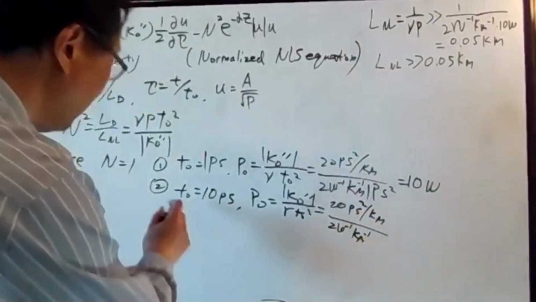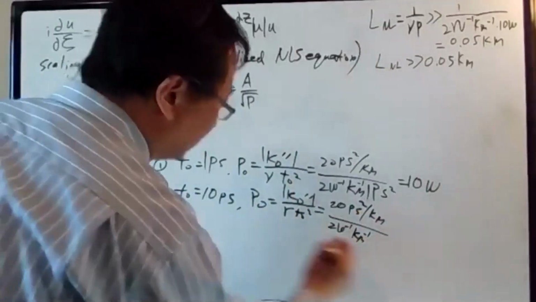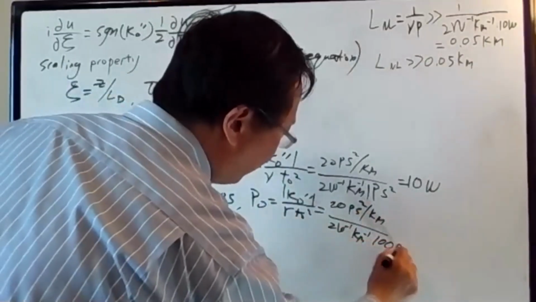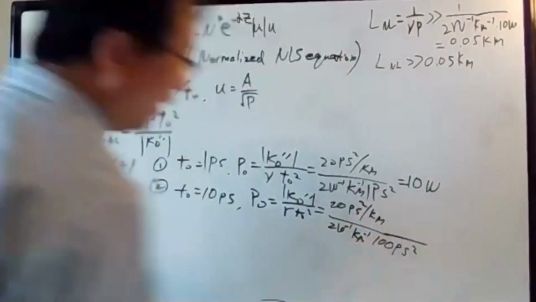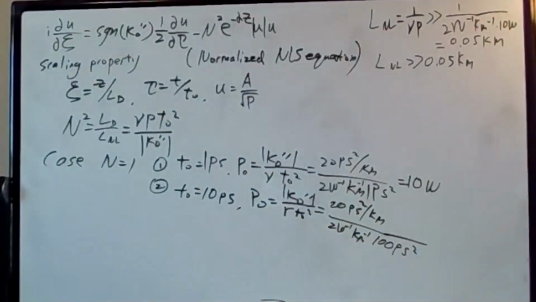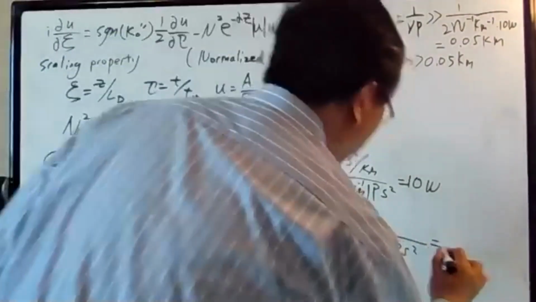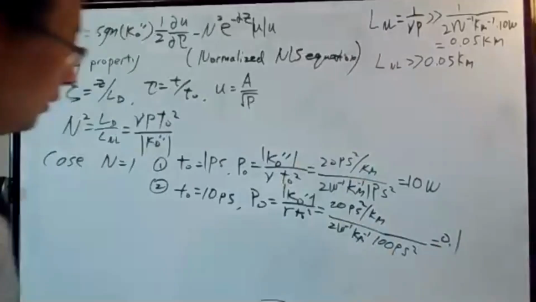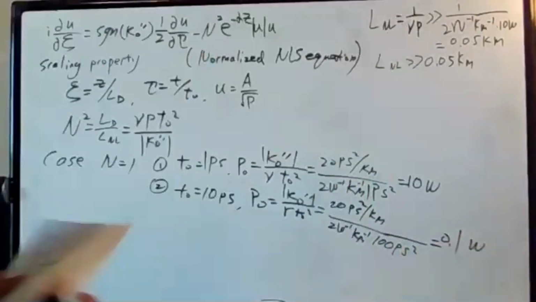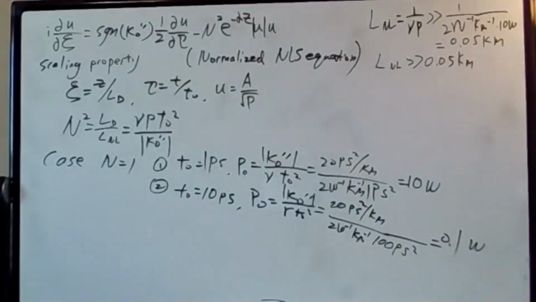But since my T naught is 10 picosecond, it's 100 picosecond square, right? So in this case, it is 0.1 watt. It's the 0.1 watt. Yeah.